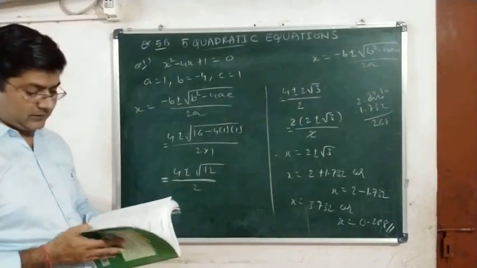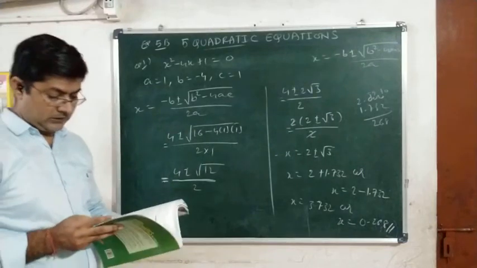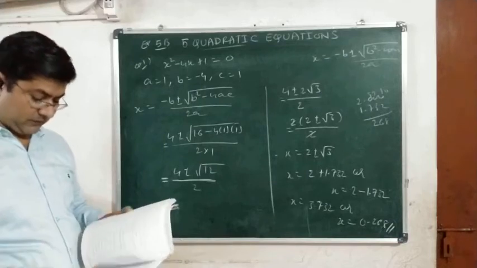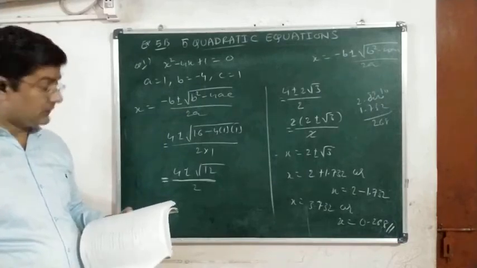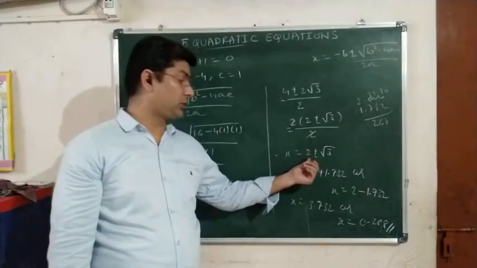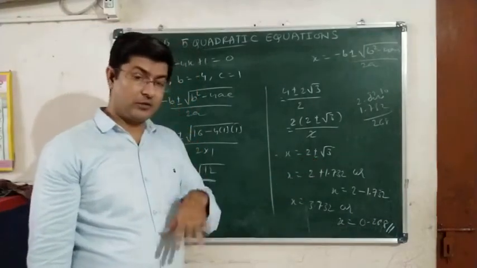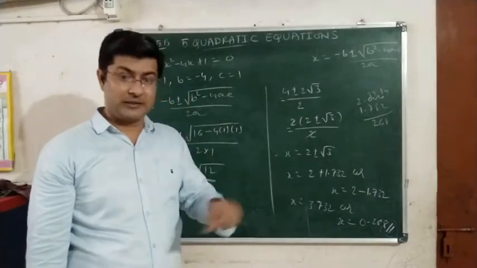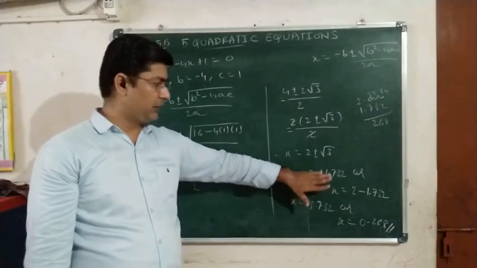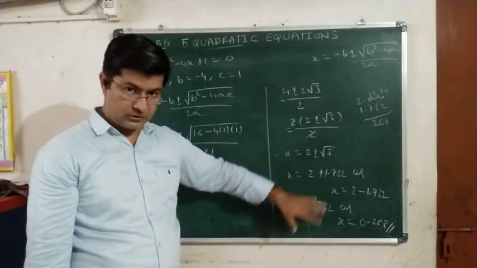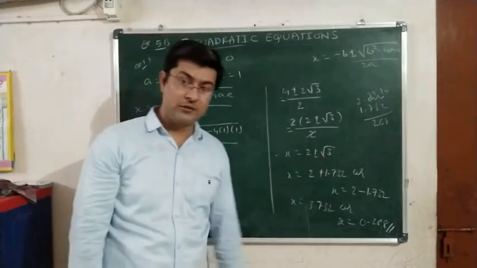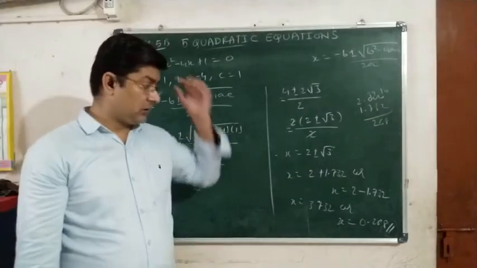This is the first answer of exercise 5b question number 1. They have kept the answer over here only as 2 plus or minus root 3. If we are told to correct up to a certain number of decimal places, then it is compulsory to put the values for the roots, the irrational numbers. You should find out the values and put them there, otherwise it will do.